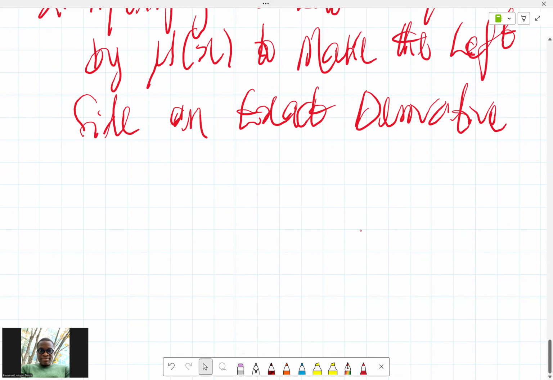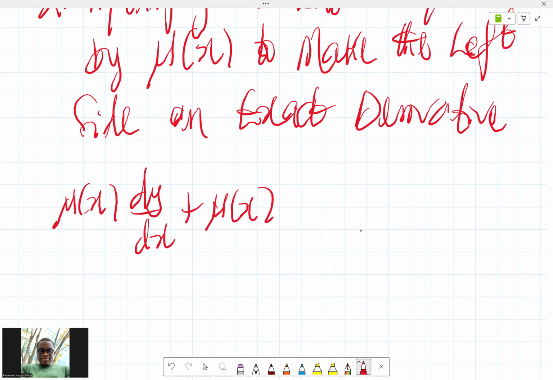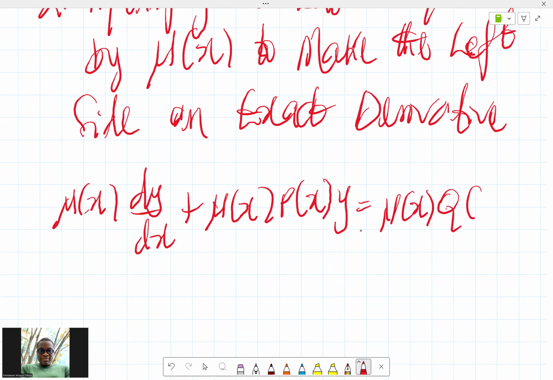In this case now we have mu of x multiplied by dy dx, plus mu of x multiplied by p of x y. So you see the normal equation, and we are multiplying through by mu of x. Then you have mu of x multiplied by q of x.